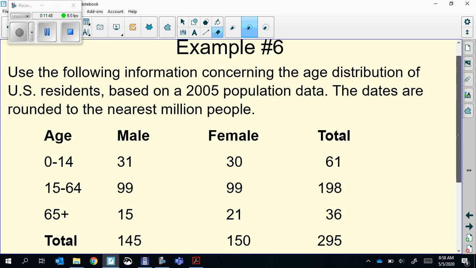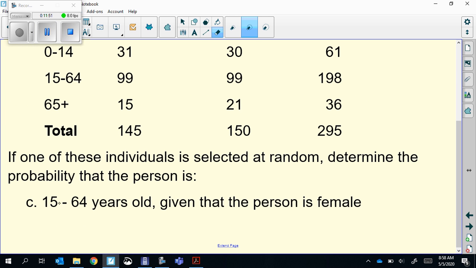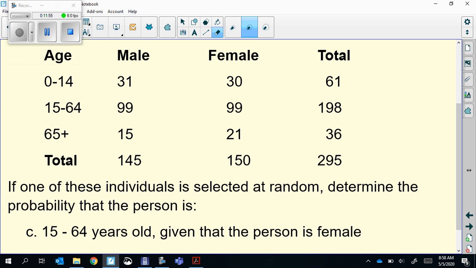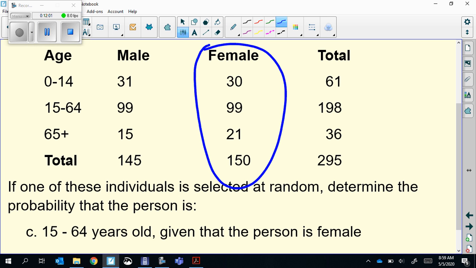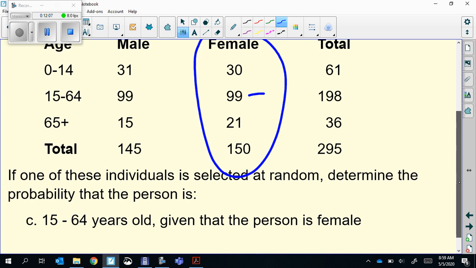Same situation. This time we're looking for that they are 15 to 64 given they're female. So given female means we can take just the female column. We're looking for 15 to 64 years old.